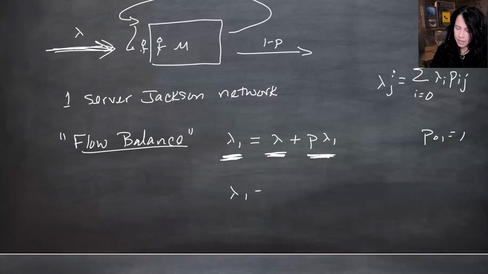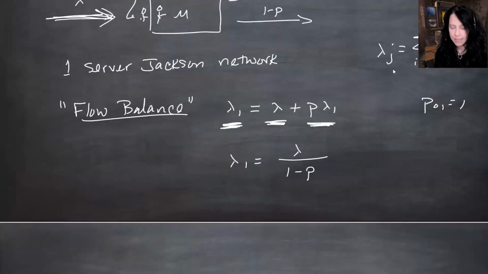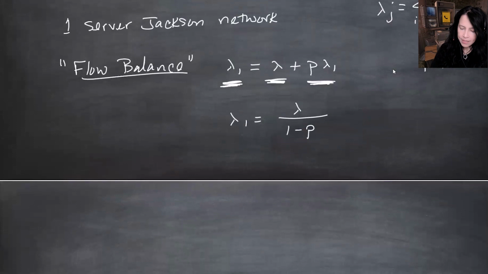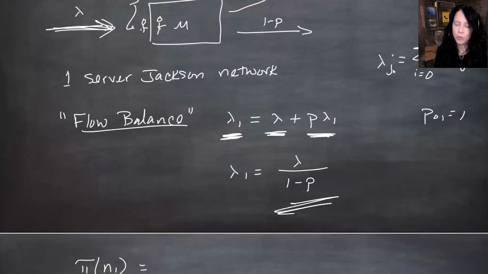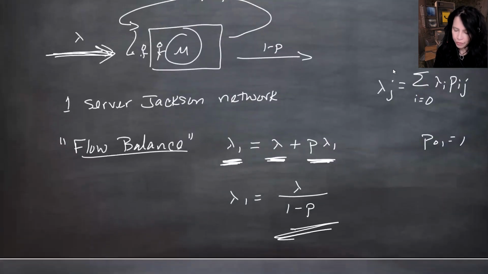Lambda 1 is going to be lambda over 1 minus P. And then Jackson's theorem says that pi of n1 is a geometric-looking thing with this as the arrival rate and mu as the service rate.